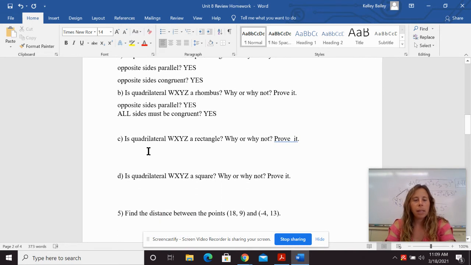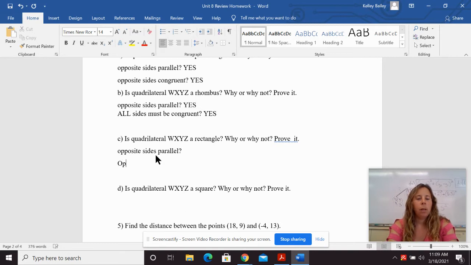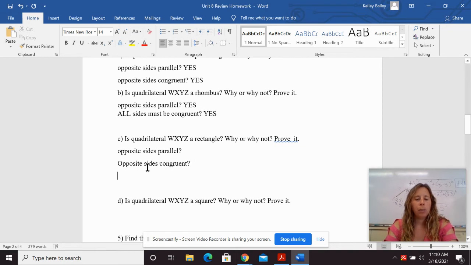Right? Rectangle. To be a rectangle, you need sides parallel, sides congruent. So it's a parallelogram plus all right angles. Are opposite sides parallel? Yes, we proved that already.